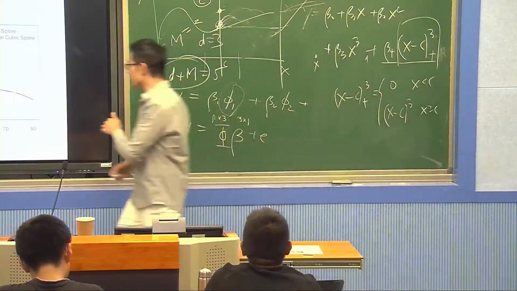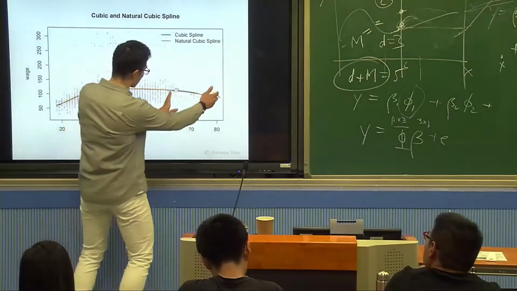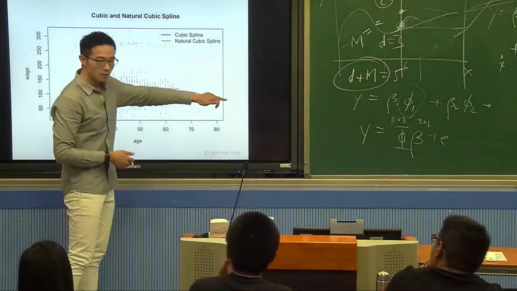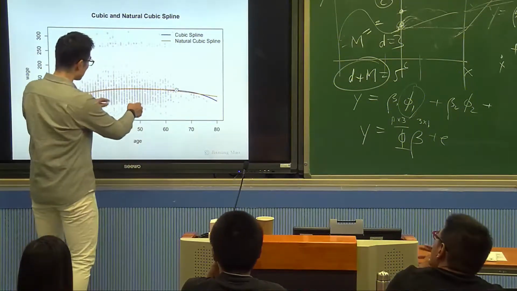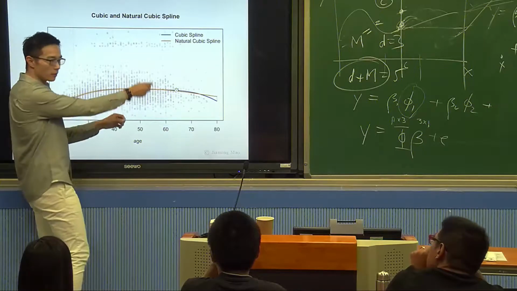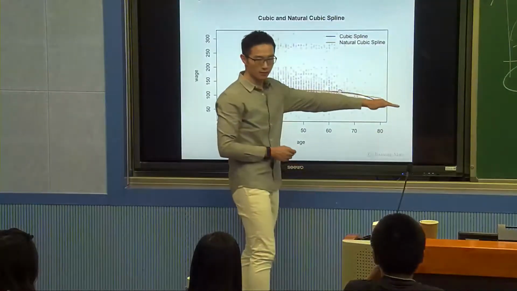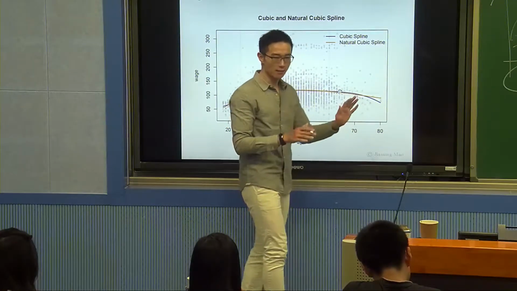So what we're doing is, instead of fitting a high degree polynomial in this boundary region, we can instead fit a linear model in the boundary region, but only in the boundary region. So inside, I can still fit a third degree polynomial, fourth degree polynomial. But at the boundary, let's be linear, so that our prediction is more stable beyond the boundary. That's the idea.